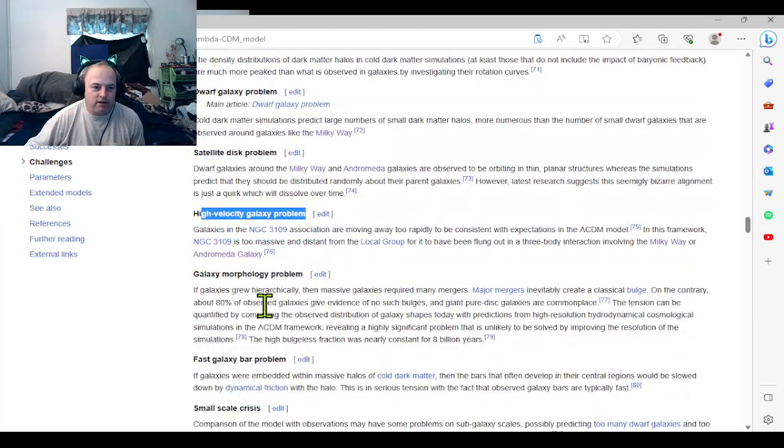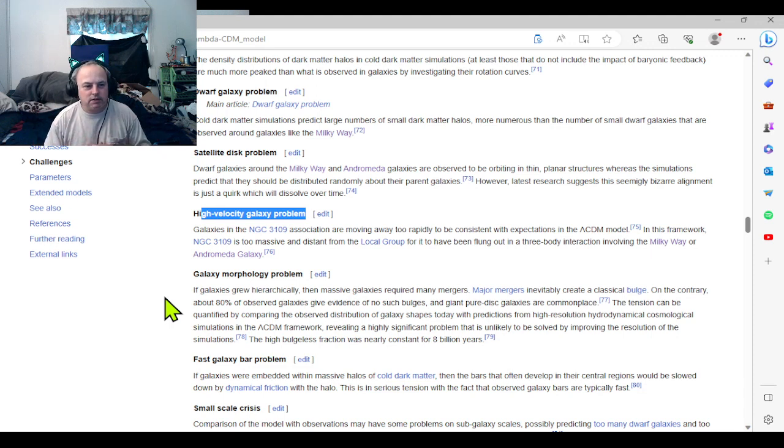Galaxy morphology. If galaxies grew hierarchically, the massive galaxies would require many mergers. Major mergers create a classical bulge. On the contrary, 80% of observed galaxies give evidence of no such bulges, and giant pure disk galaxies are commonplace.